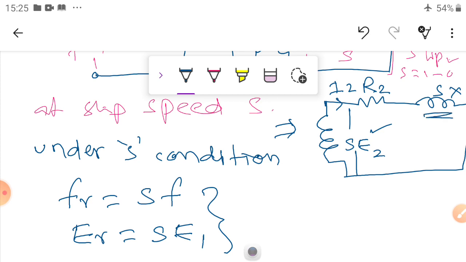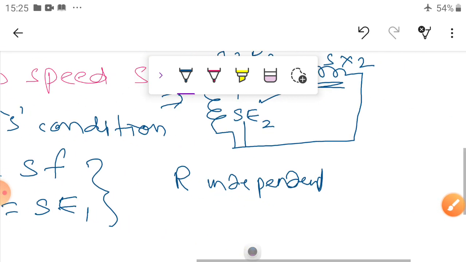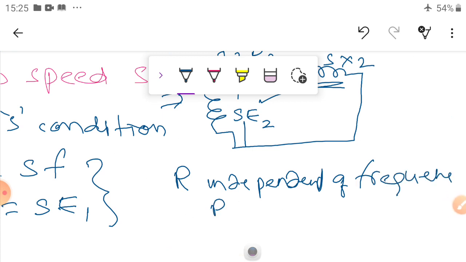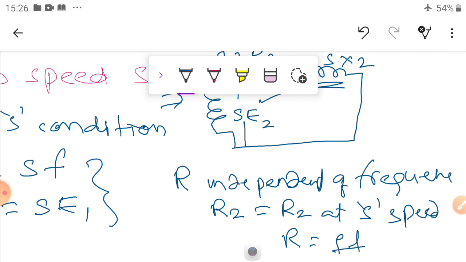Now how did this value change? As we know, the resistance R is independent of frequency. So that means R2 is equal to R2 at slip speed also, because R is equal to rho L by A, which depends on the length of the conductor, the area of cross section and the resistivity of the material.